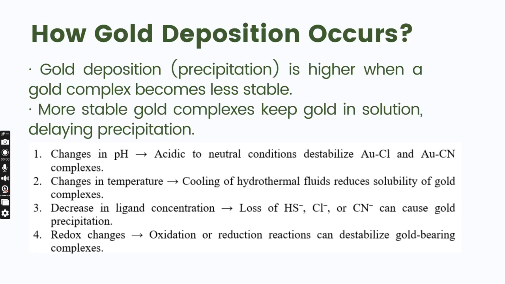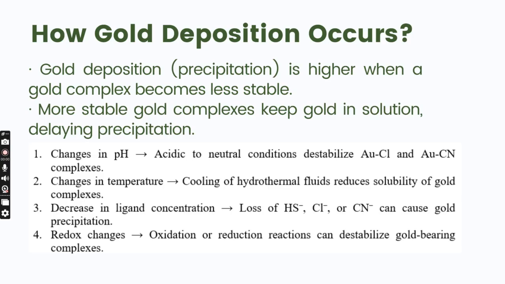So Au precipitation is higher when a gold complex becomes less stable. That less stability must be achieved, that means log K should be lowered. Whatever the condition, if alteration lowers the log K value, definitely gold will be precipitated.